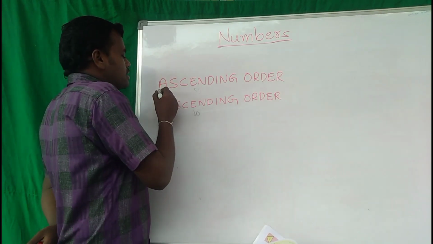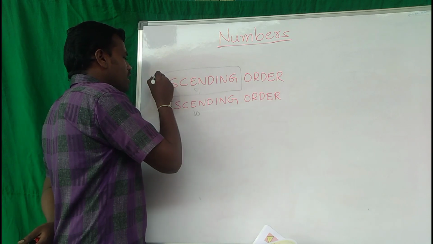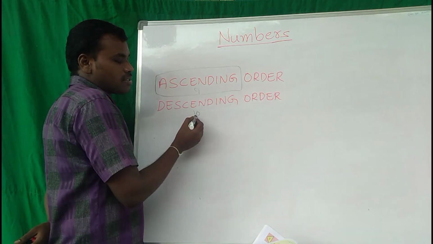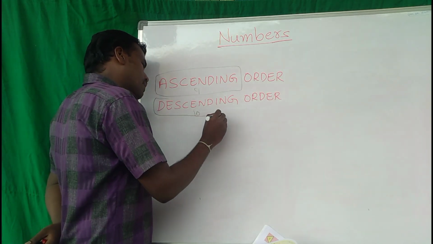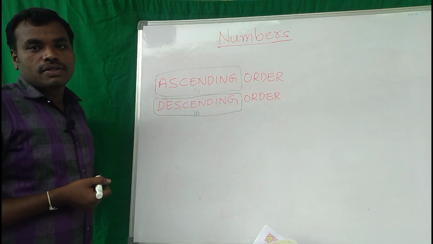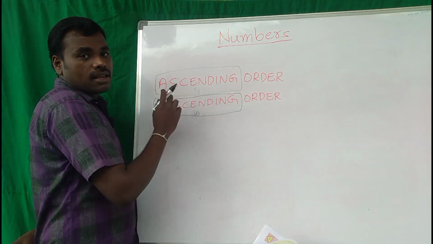That means ascending order means from smallest to biggest, small numbers to big numbers. In descending order we have 10 letters, which is the bigger number, so descending order means big numbers to small numbers. This is the simple trick for remembering these orders.